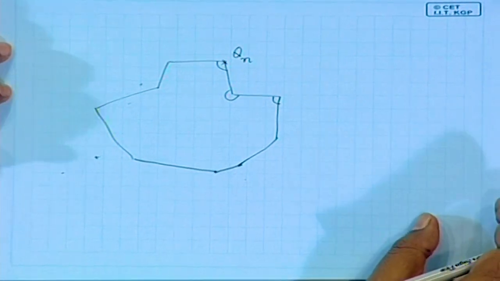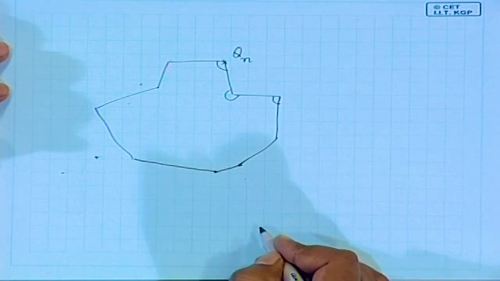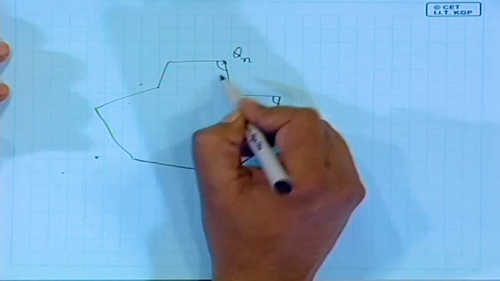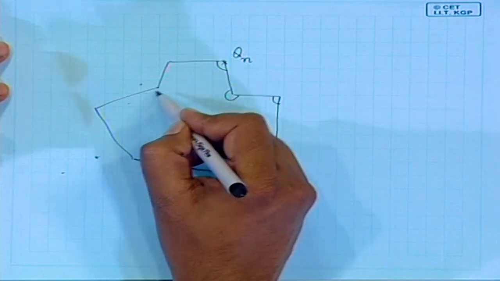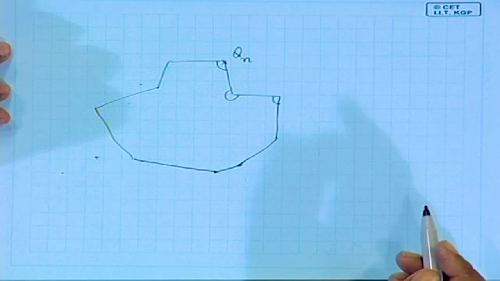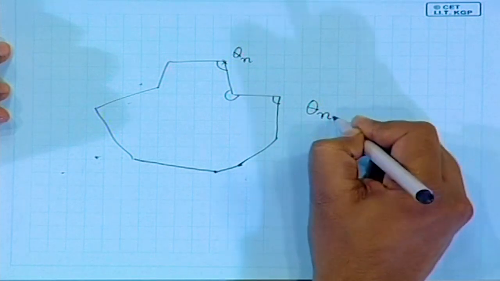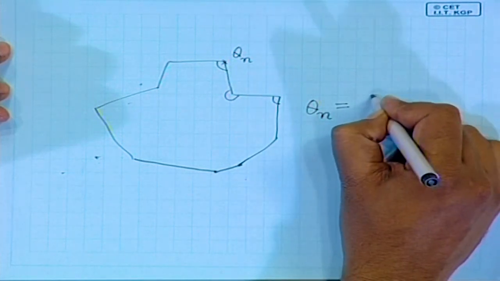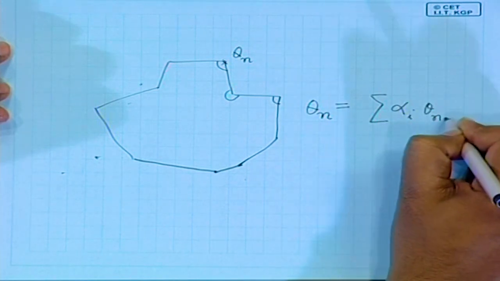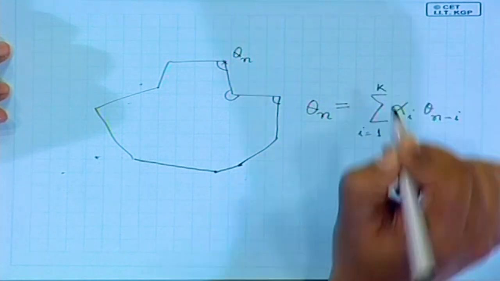Once I decide this, I can have an autoregressive model, so that this nth angle is represented by a linear combination of k number of previous angles. Or effectively, I will have a linear regression equation which is given by this: theta n is equal to summation alpha i theta n minus i, where i will vary from 1 to some k.